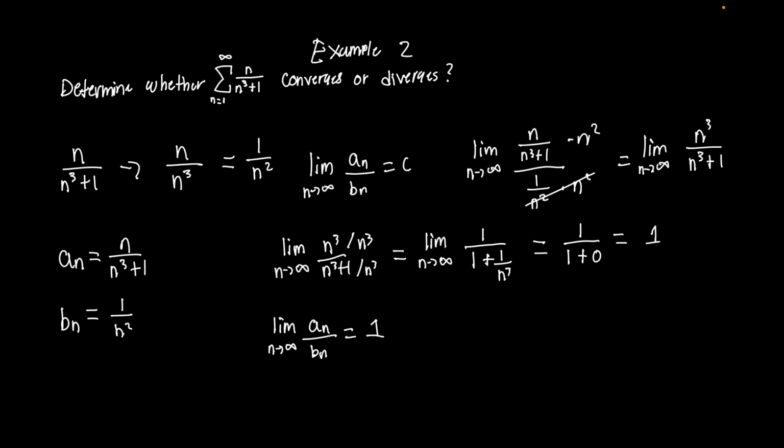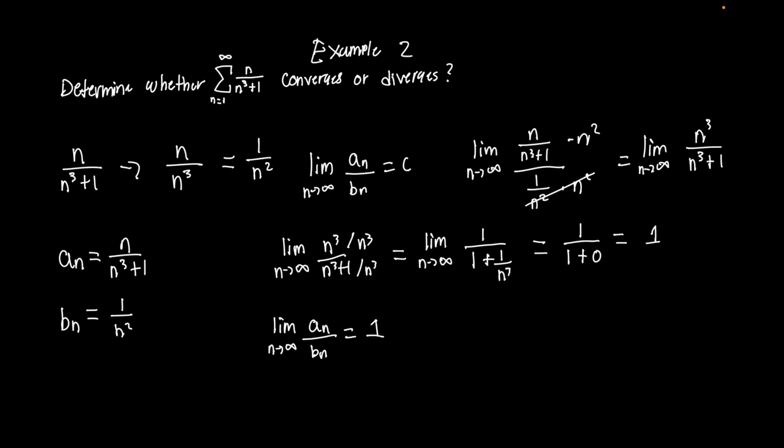Also, we know that the c value just had to be between 0 and infinity, and we know 1 is between 0 and infinity. So by that, both of the series converge.